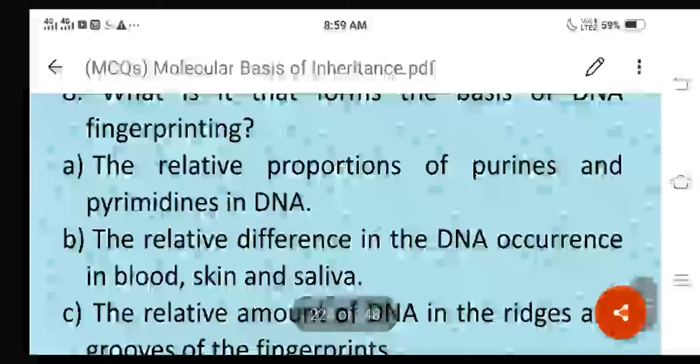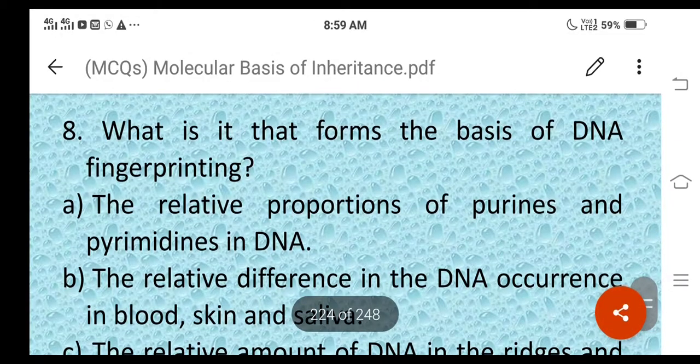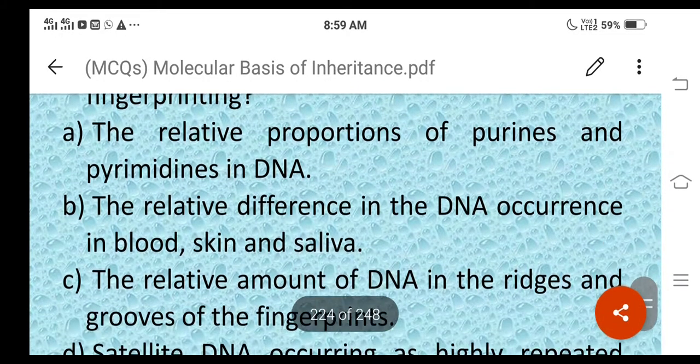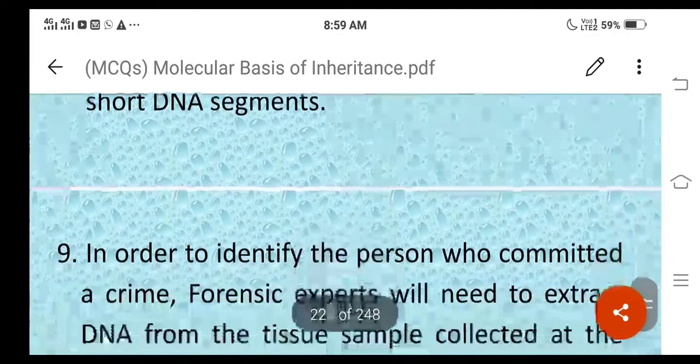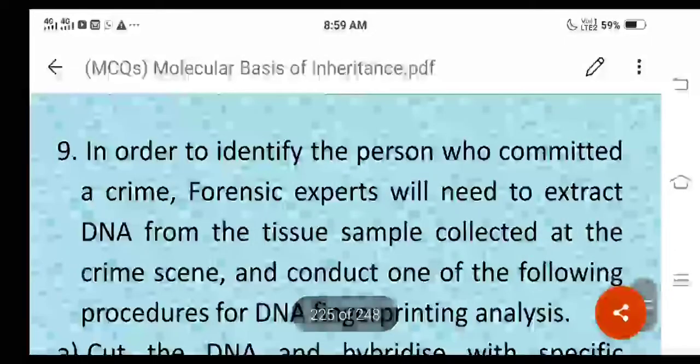For question number 8, what forms the basis of DNA fingerprinting? It is nothing but satellite DNA occurring as highly repeated short DNA segments. Option D is the correct answer, right? Then let us move on to the next question.